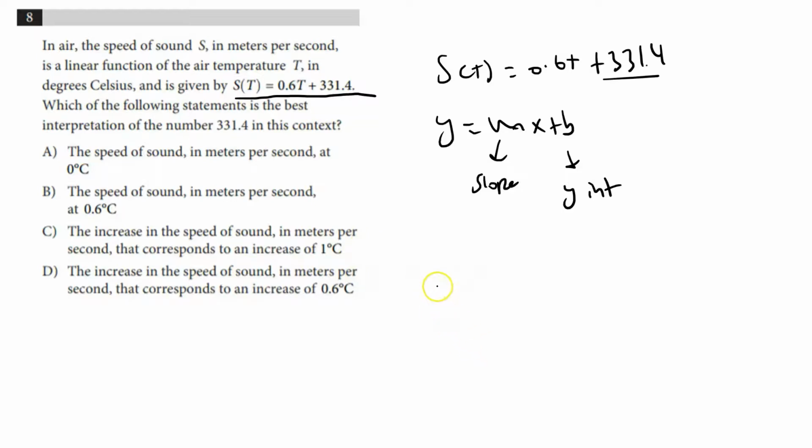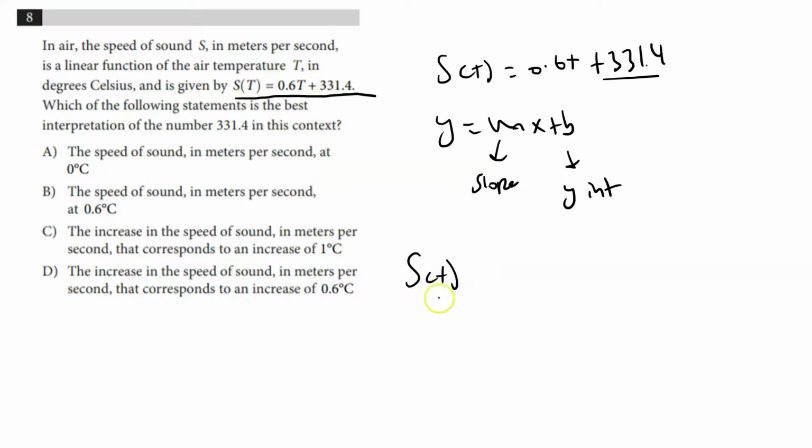Okay, so let's look at these answer choices and try to determine an initial value. Let's start with A. The speed of sound in meters per second at 0 Celsius. Well, that makes sense, right? At 0 Celsius, that means the temperature is 0.